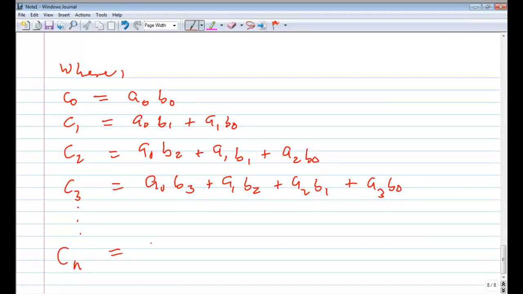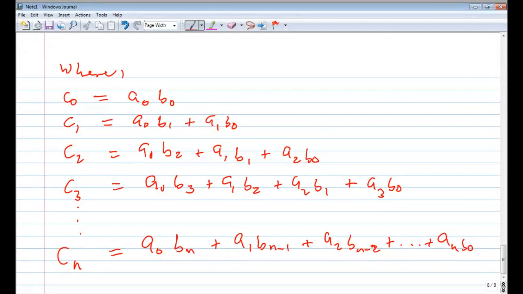Cn would be equal to A0 Bn plus A1 B(n minus 1) plus A2 B(n minus 2), plus until An B0.